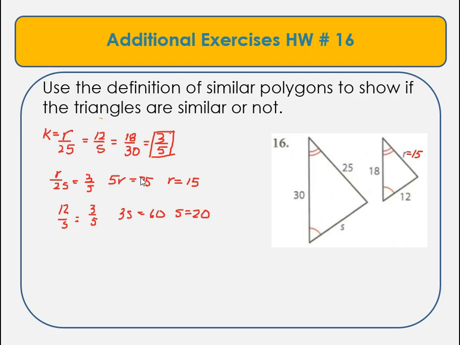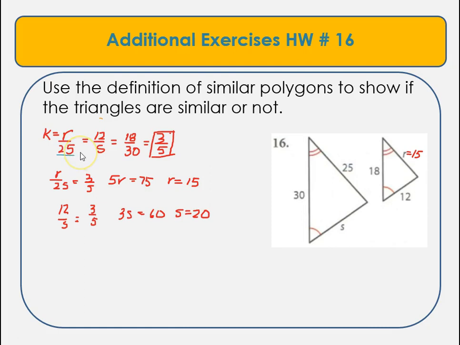And then they use the next side length, which also has another variable. 12 is to S. 18 is to 30. If this is a similar triangle, you can't reduce these two proportions, but you can reduce 18 over 30 to 3/5. So let's assume that the similarity ratio is 3/5, and now we can solve for our proportions.